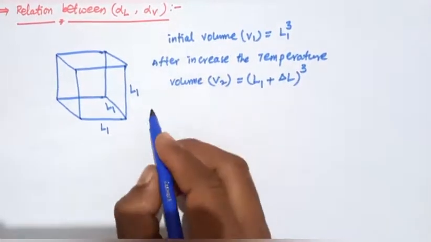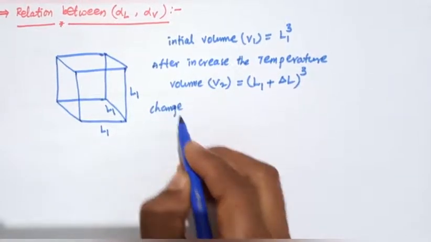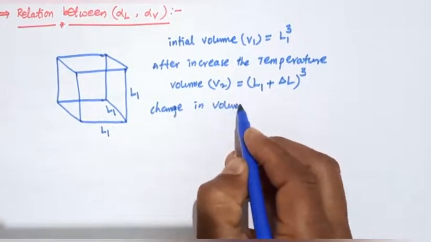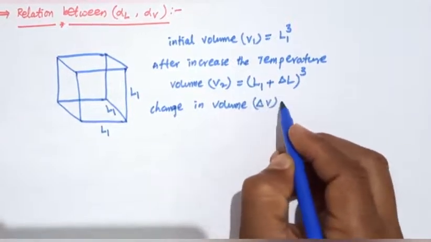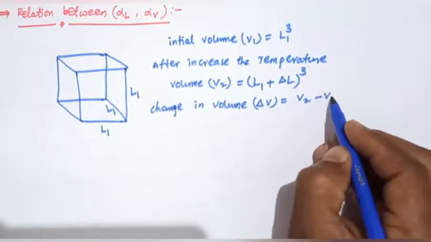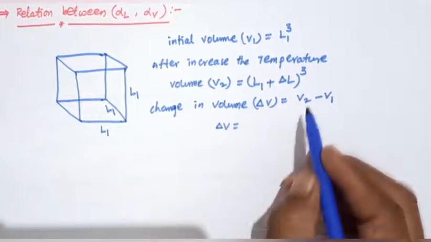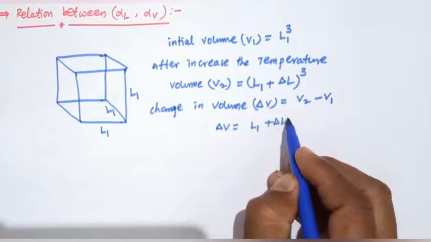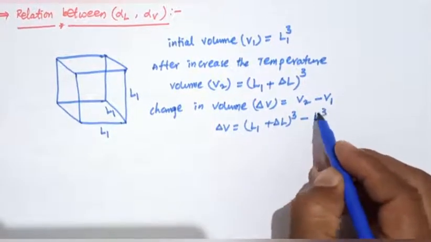So the change in volume, delta V, equals V2 minus V1. What is V2? L1 plus delta L whole cube minus L1 cube.